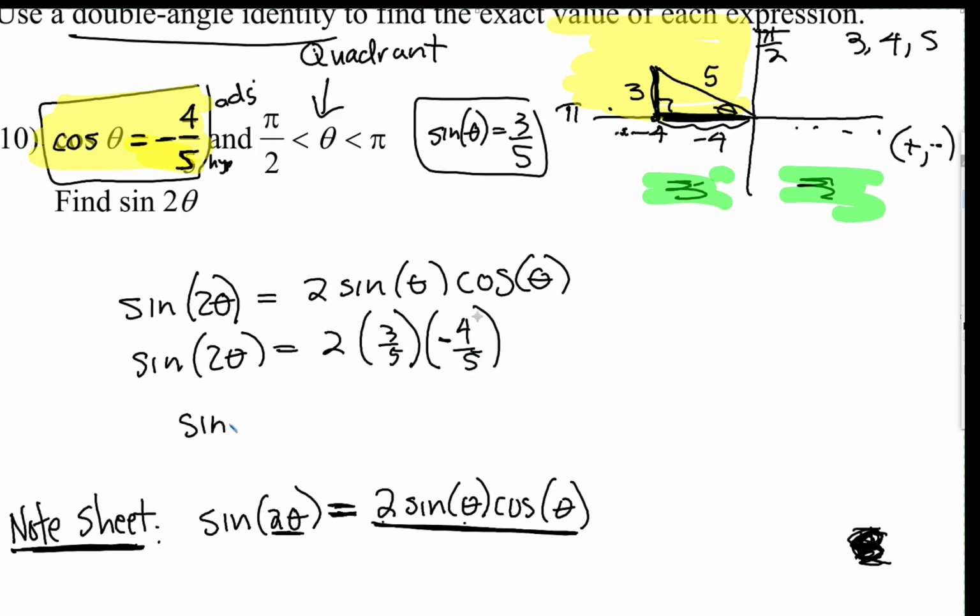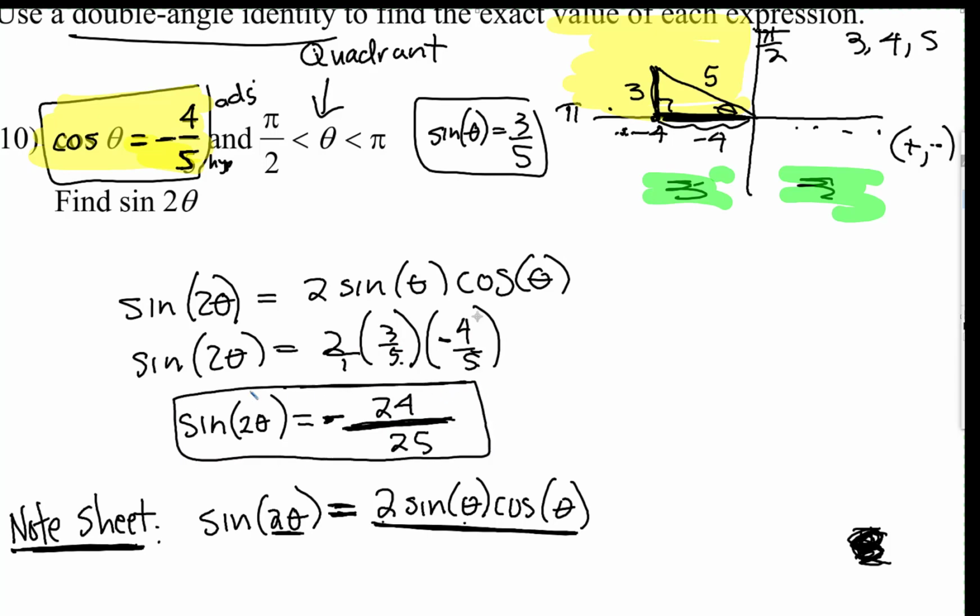And then this is where you can just multiply using your calculator. 5 times 5, that's the only thing in the denominator, so we're going to have 25 in the denominator. We also have a positive times a negative, so there will be a negative sign out front. And 2 times 3 is 6. 6 times 4 is 24. So just like that. All right, I'm going to pause this.